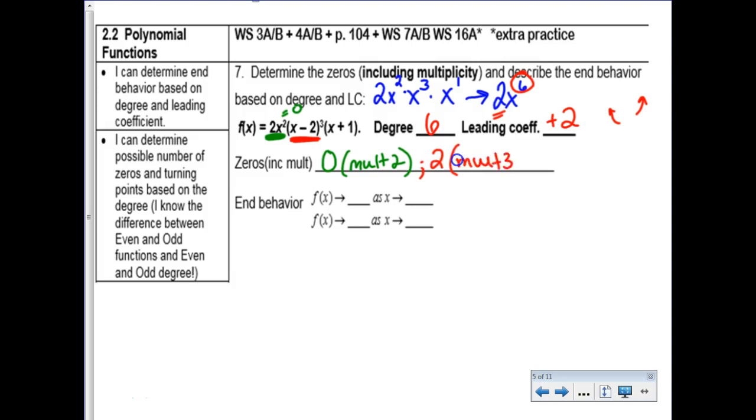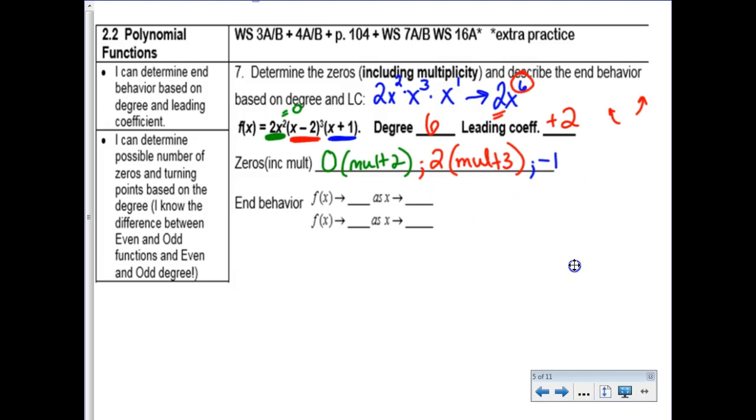So multiplicity 3. And then this solution is negative 1. You can say multiplicity 1, but I just assume that if it's once, you just don't write anything. Okay? So we found 1, 2, 3, 4, 5, 6 solutions.